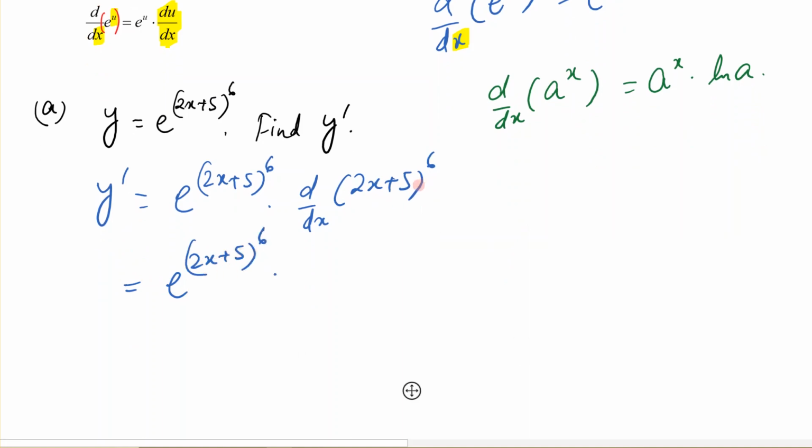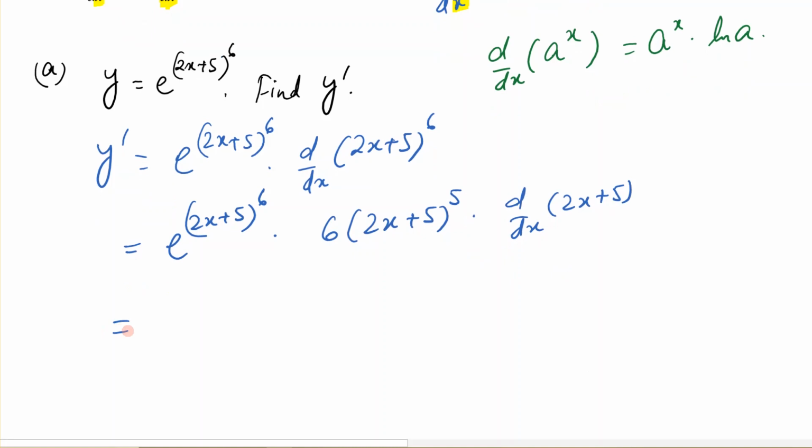Here, first we use the power rule: bring the power down, reduce the power by 1, and then by chain rule again we need to take the derivative of the inside. So we have to use the chain rule repeatedly in this example. So e raised to power (2x plus 5) raised to power 6, times 6 times (2x plus 5) whole thing raised to power 5, and then the derivative of 2x is just 2, the derivative of 5 is 0, so we just have 2 here.